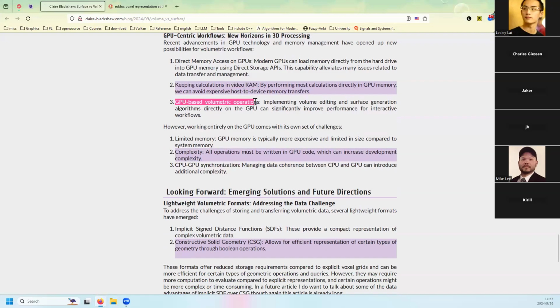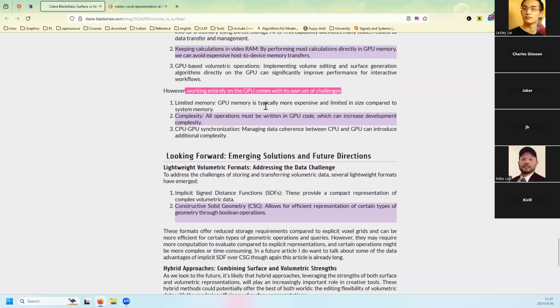GPU-based volumetric operations. Yeah, working entirely on the GPU comes with its own challenges.